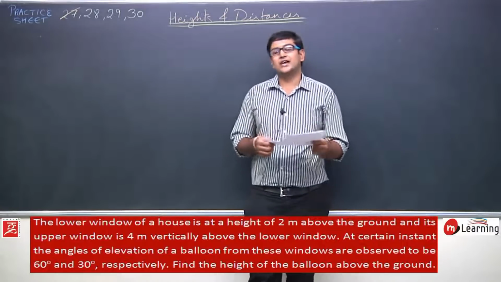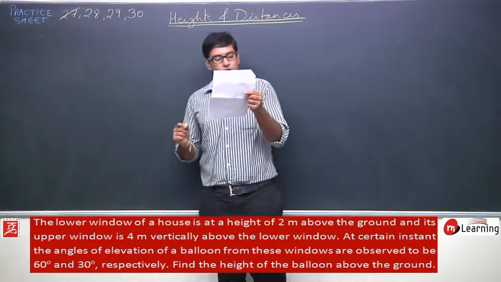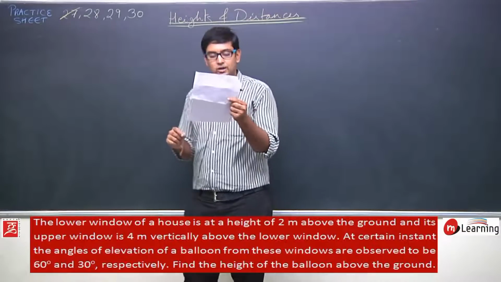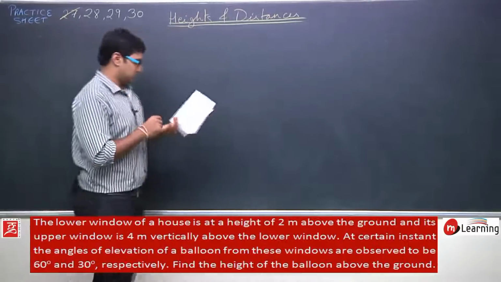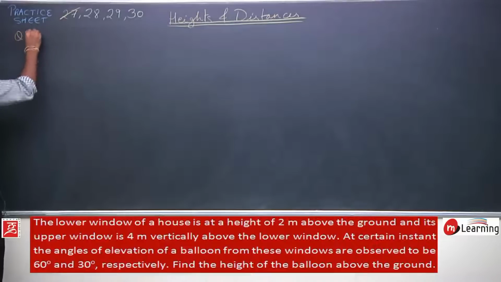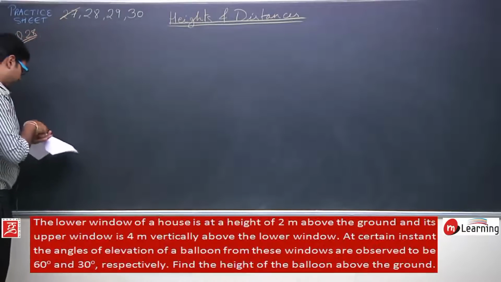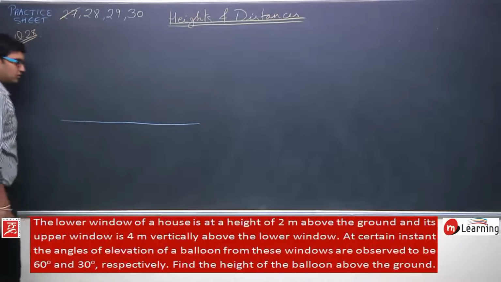Okay, so let us try to understand the question line by line. It says the lower window of a house is at a height of 2 meters above the ground. So it means there is a house, and for that I need to draw a horizontal line, a horizontal ground. Let us say this is the horizontal ground.